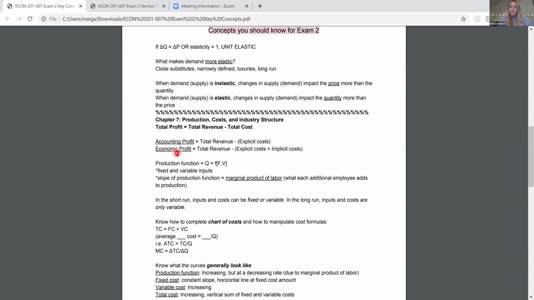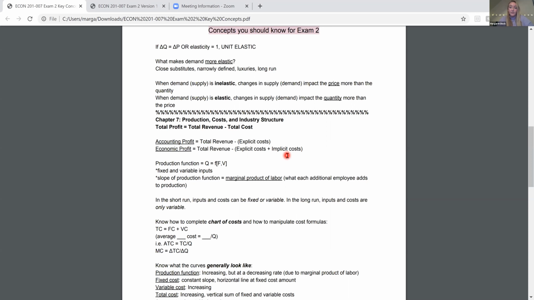But economists also include implicit costs on the cost side of things. So it's not only the explicit cost that someone pays their workers or pays for their equipment or pays rent for their factory or whatever. It's also the implicit cost or the opportunity cost that that firm owner could be facing.